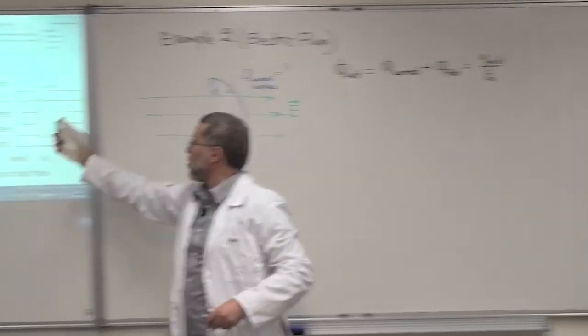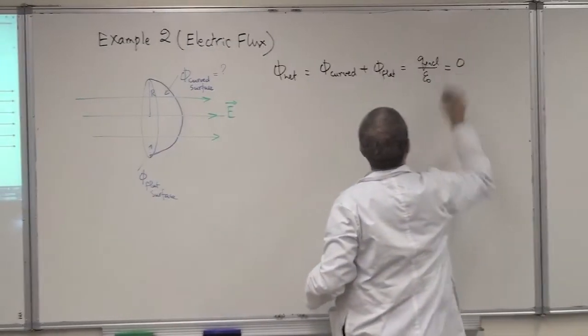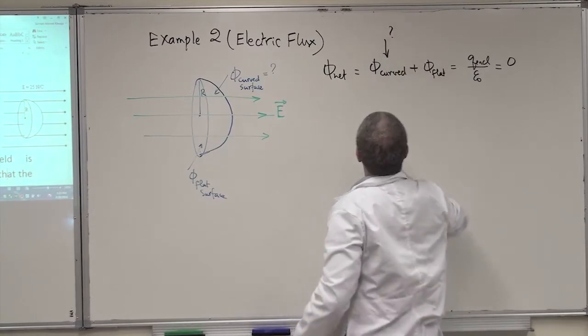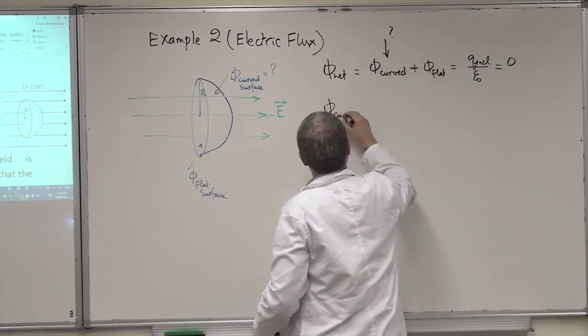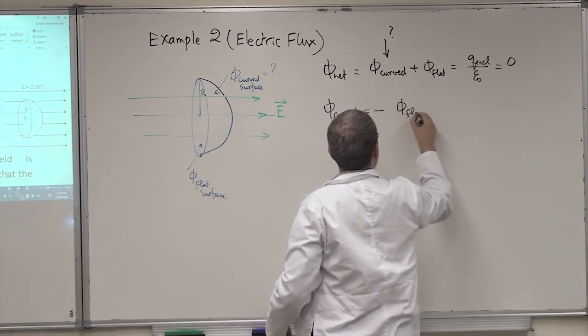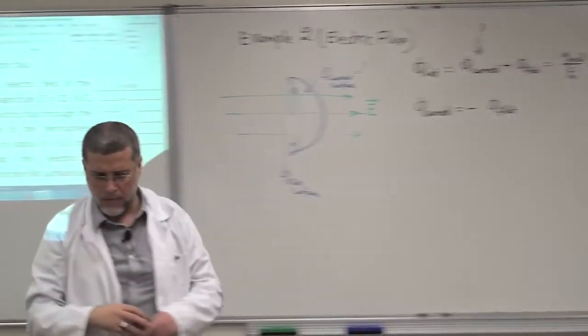But there is no charge enclosed in this closed surface, so this should be equal to 0. The question is asking about the flux through the curved surface, so the flux through the curved surface is equal to minus the flux through the flat surface. And the flux through the flat surface is easy to calculate because I will tell you how.